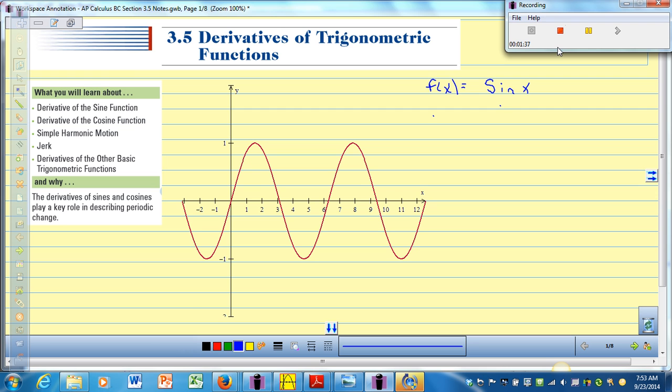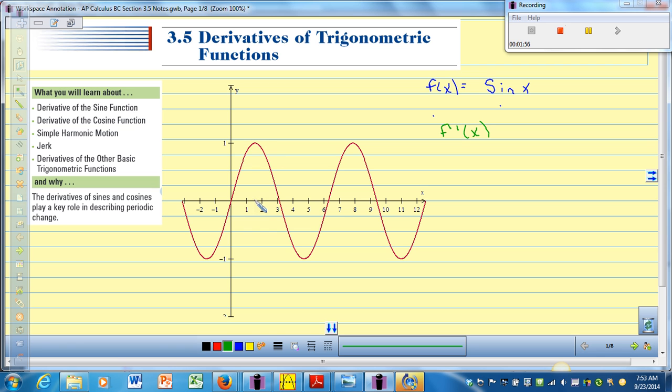Okay, so let me change colors to blue, which is probably a better color actually. And I would start by graphing f prime. My f prime graph will be in green. And f prime has a 0 every place that f has a smooth max or min.